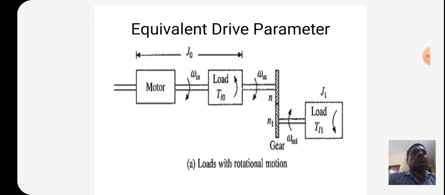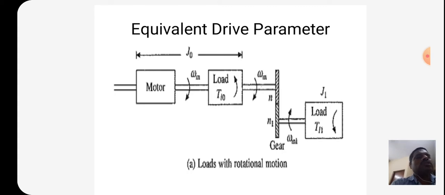Now omega m is the instantaneous angular velocity of the motor shaft in radian per second, and Tm is the value of developed motor torque in Newton meter, and TL naught is the load torque referred to the motor shaft in Newton meter.